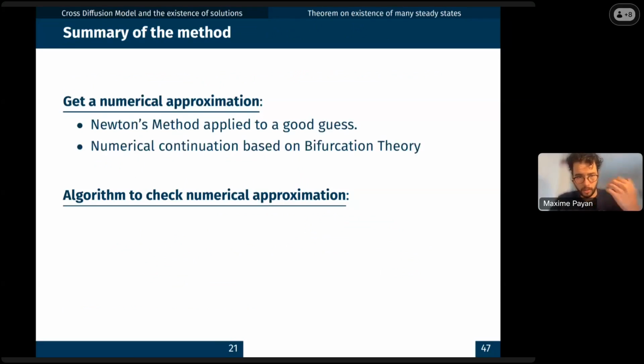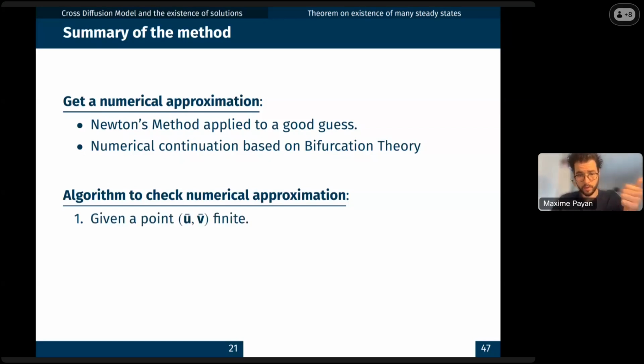So to get many steady states, you can use a numerical continuation to get this big diagram. And then you can apply to every numerical approximation the algorithm that checks the Newton-Kantorovich theorem.